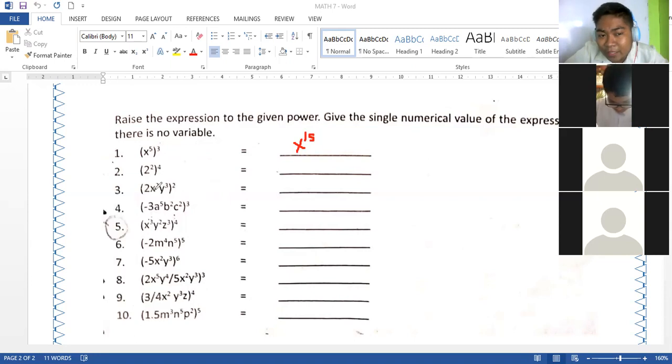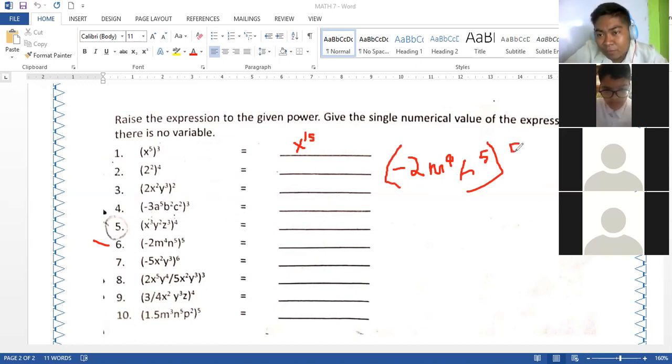Pinag-multiply. How about this one? Ito, number 6. Ito, we have negative 2 raised to 5, m raised to 4, n raised to 5, all raised to 5.